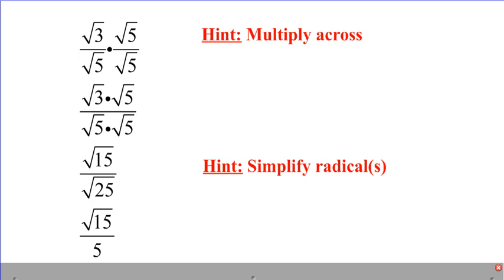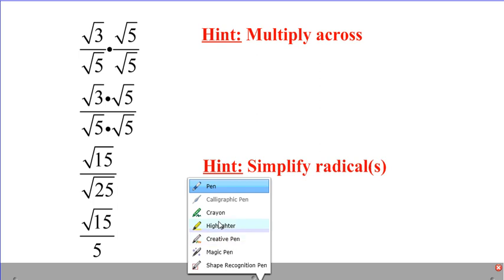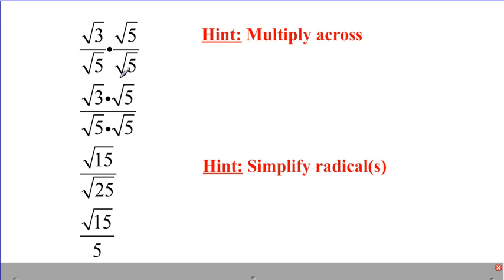This process of what we've just done here is called rationalizing the denominator. Whenever we take a value, such as the square root of 3 divided by the square root of 5, and we multiply it by a value of 1, the square root of 5 over the square root of 5 has a value of 1. We are trying to rewrite our fraction so it no longer has a square root in the denominator.